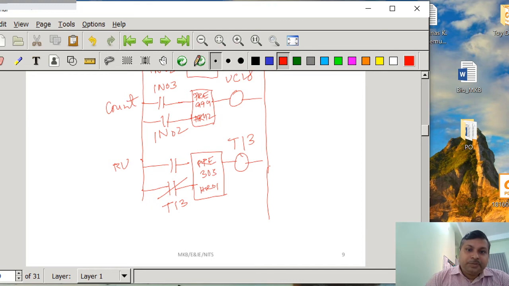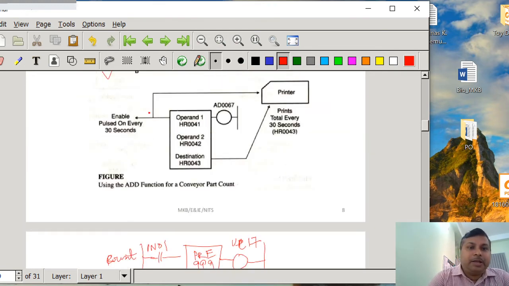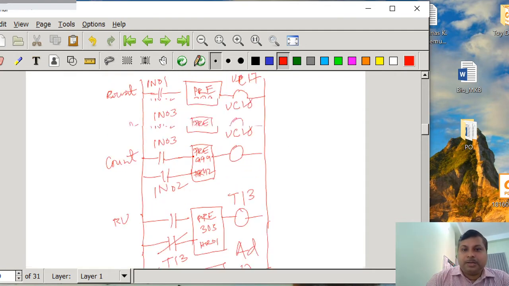Now this T13 will be the enable. So in the next line, this is the enable for the adder, so you write T13. Every 30-second interval it is going to be closed, and the rest of the things will be the same, that is AD67 that was designed here.